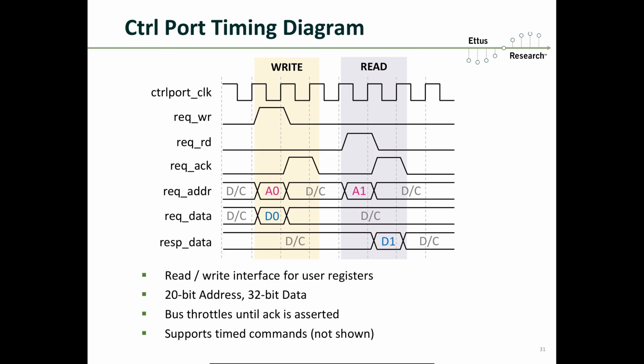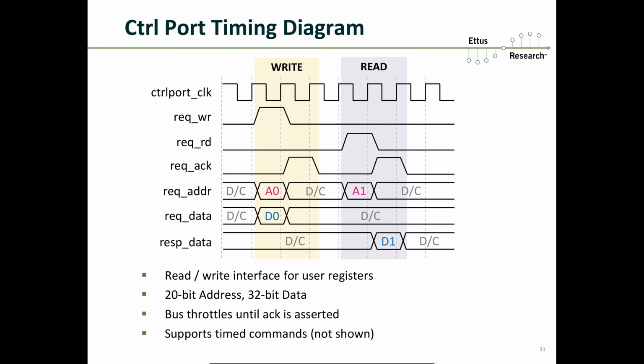Then what we'll see on the control port is that our request write signal here will get asserted. And this is a strobe signal. This isn't like AXI-Stream where it's like tvalid. This is a single cycle strobe here. And then on the address, we'll have the address of whatever we're writing to, generally our user register. And on the data line, we'll have the data to be written to that register.